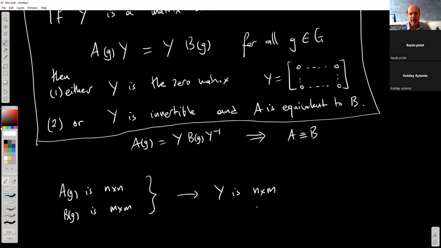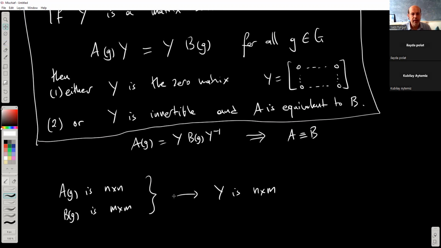If n is different than m, of course, it's not possible that this is invertible. An invertible matrix should be a square matrix. So if these two dimensions are not the same, the first choice is the only choice. In that case, A and B can never be equivalent to each other, obviously.